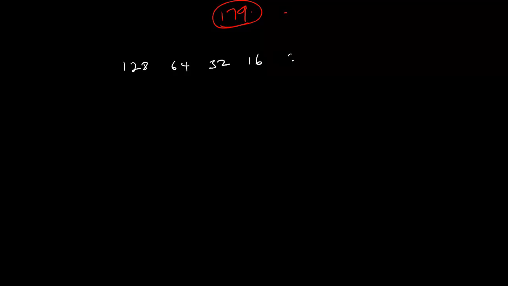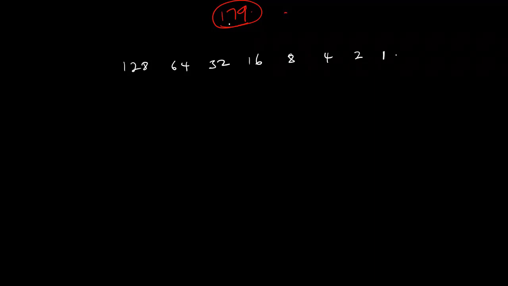If we have 179 and we want to convert it to binary, anyone else try this with me? Our numbers are 128, 64, 32, 16, 8, 4, 2, 1. But now what do we do? We don't have a binary to superimpose.